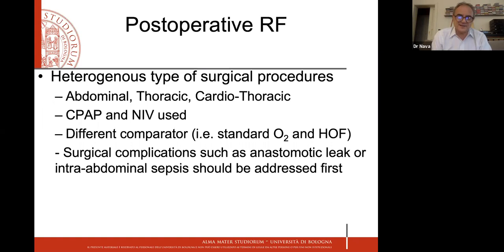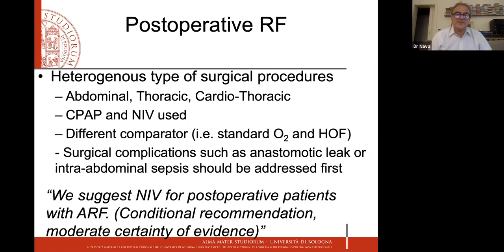A lot of studies: abdominal surgery, thoracic surgery, cardiothoracic surgery, and among abdominal surgery, upper and lower, CPAP versus NIV, different comparators, standard oxygen, high flow nasal cannula, and reintubation. Surgical complications such as anastomotic leak or intra-abdominal sepsis should be addressed first before taking a firm recommendation.